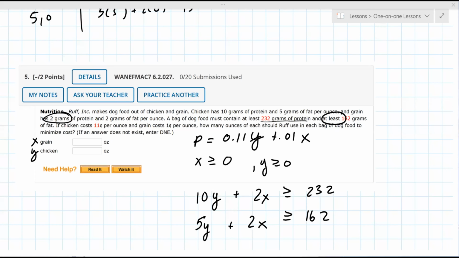And that's going to be 5y plus 2x less than or equal to 162. x is less than or equal to 0. y is less than or equal to 0. This does create a new sort of visual that you haven't seen yet. I'm going to grab it here. There it is. Okay. Snipping that in shortly.